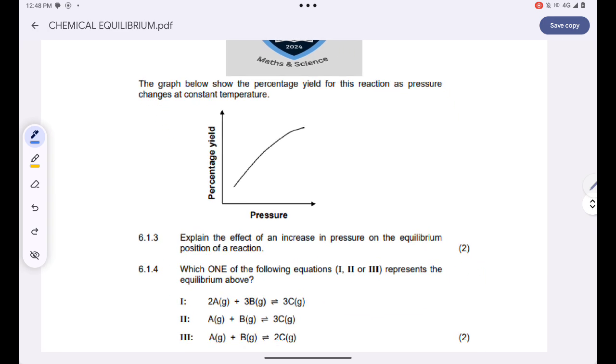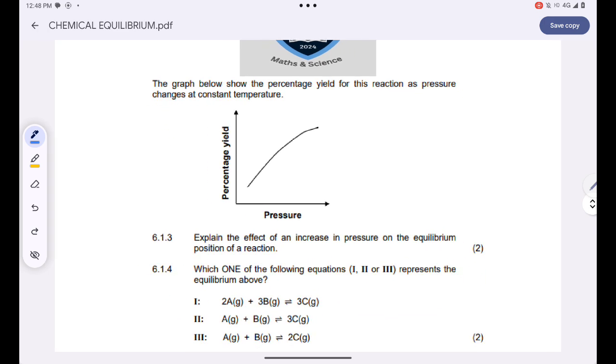Now we are told that the graph below shows the percentage yield for this reaction as pressure changes at constant temperature. They want us to explain the effect of an increase in pressure on the equilibrium position of a reaction.